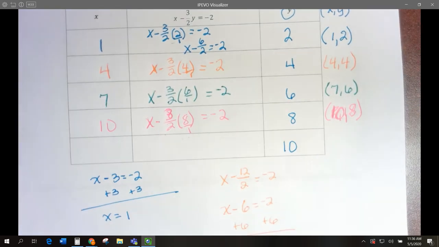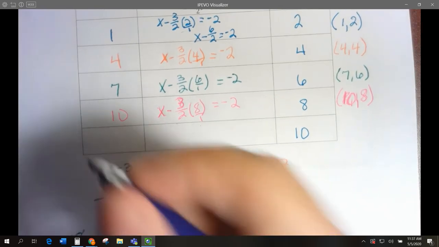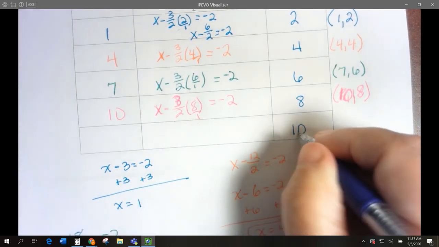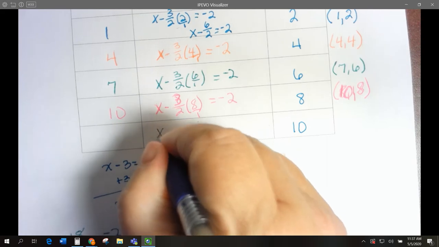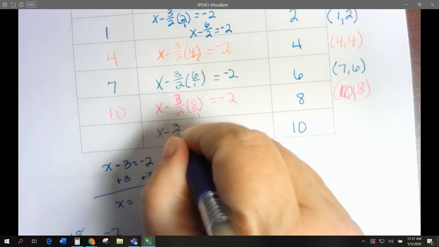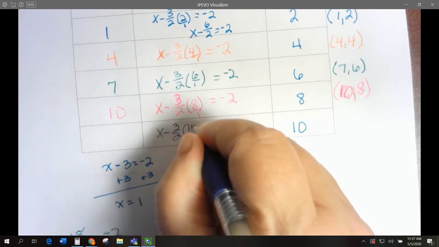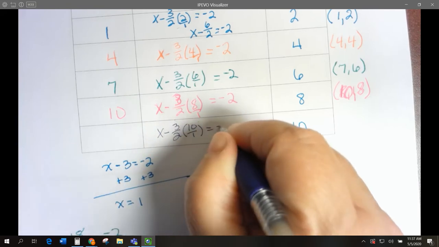And our last one, when y is 10, we're going to have x minus 3/2 times 10 over 1, right? Equals negative 2.